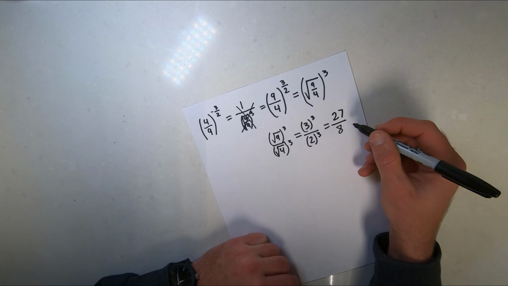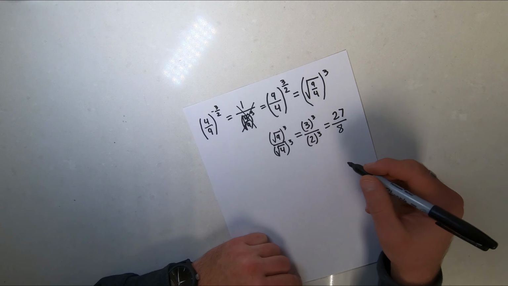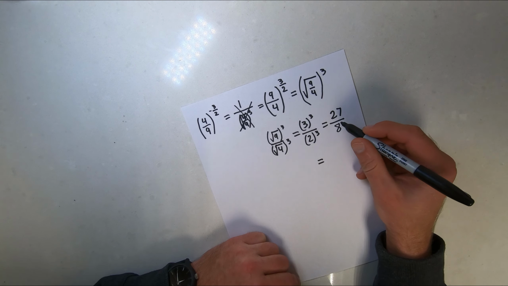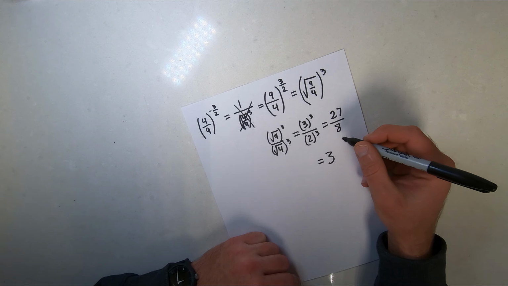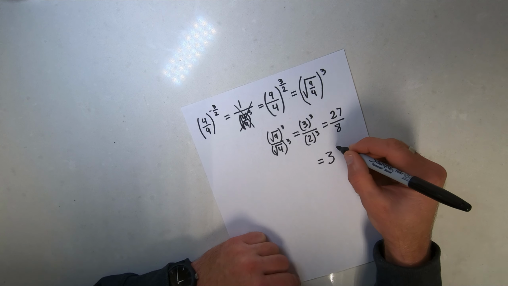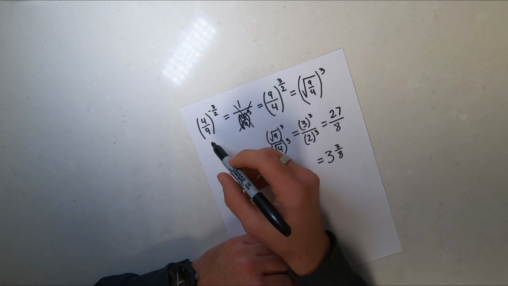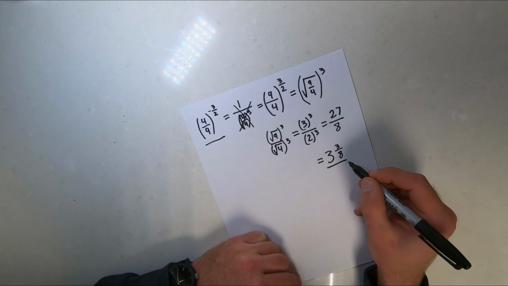So now we have a fraction that we can simplify. 8 goes into 27 3 times, and then we have 3 left over, so we have 3 8ths left over. So this simplifies into 3 and 3/8.